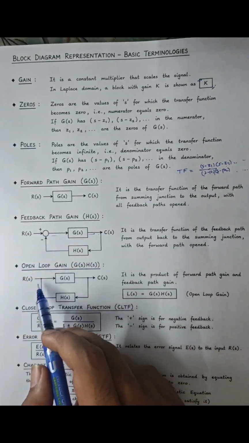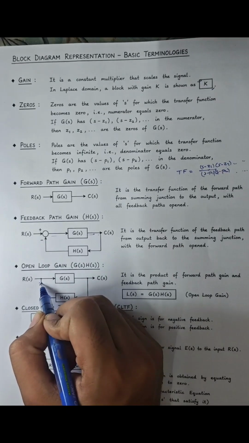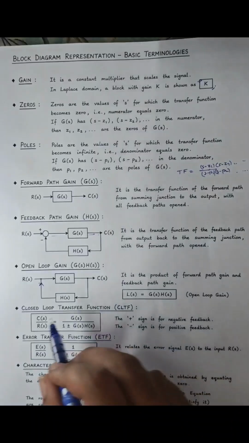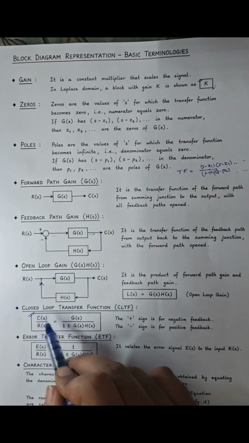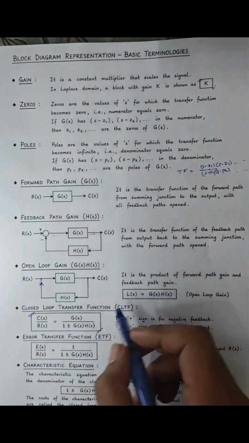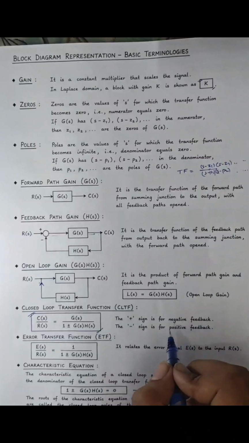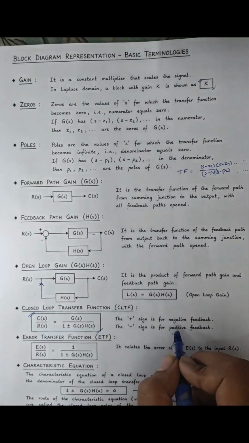So what is the open loop gain? We will break the loop from here, and this will give us G(s) into H(s). The closed loop transfer function, as derived earlier, is C(s) by R(s) equals G(s) upon 1 plus-or-minus G(s) into H(s). We will take the plus sign for negative feedback and the minus sign for positive feedback. This can be derived very easily.